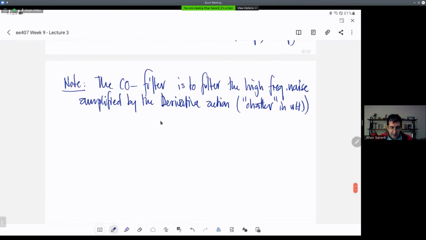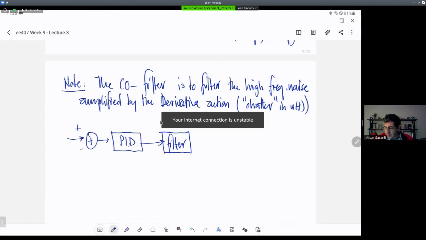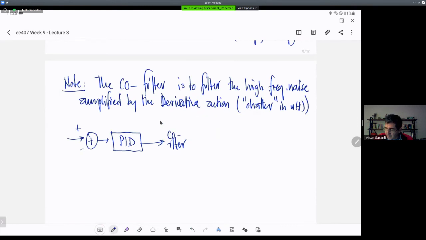Okay, so here we have our system looking like this. You have your PID controller here. You have your filter, and I'm going to just define the transfer function of the filter as well. So let me call this the CO filter. Then you had U of t here, so you have U star of t here, final control element.